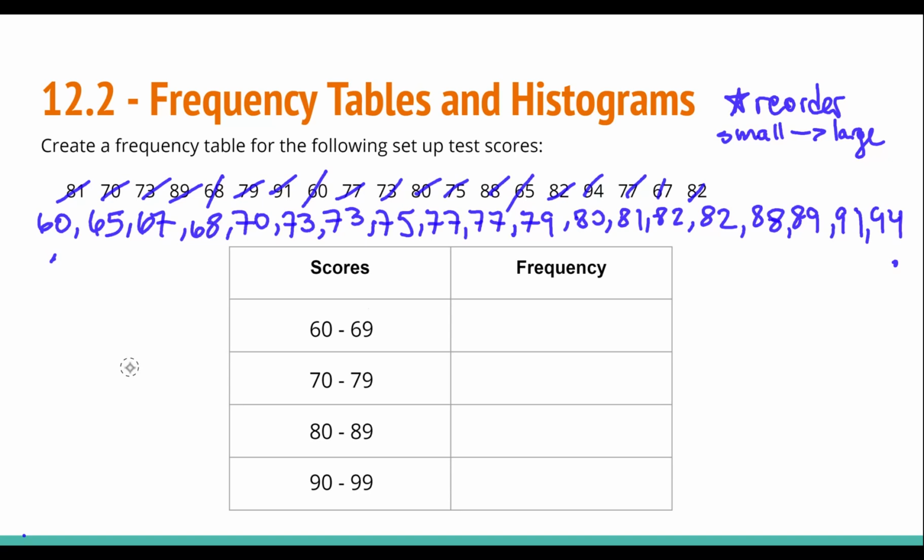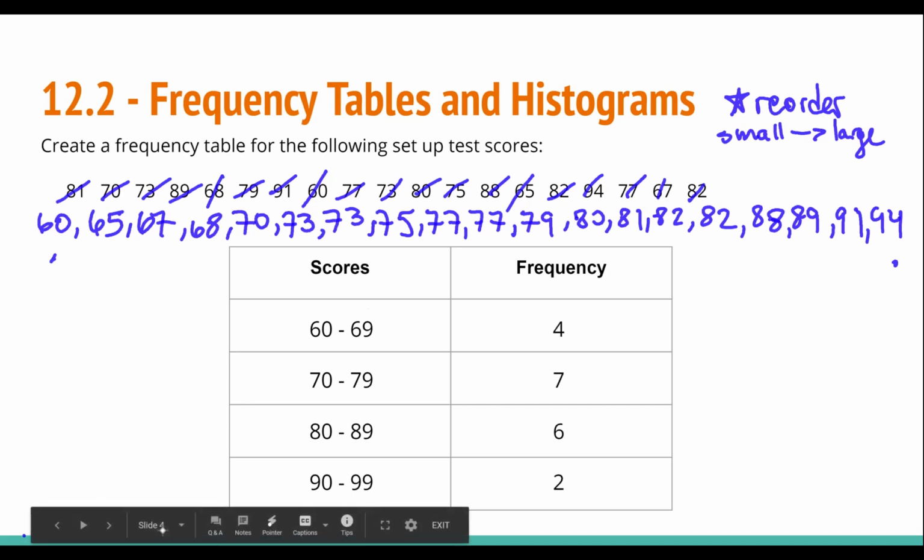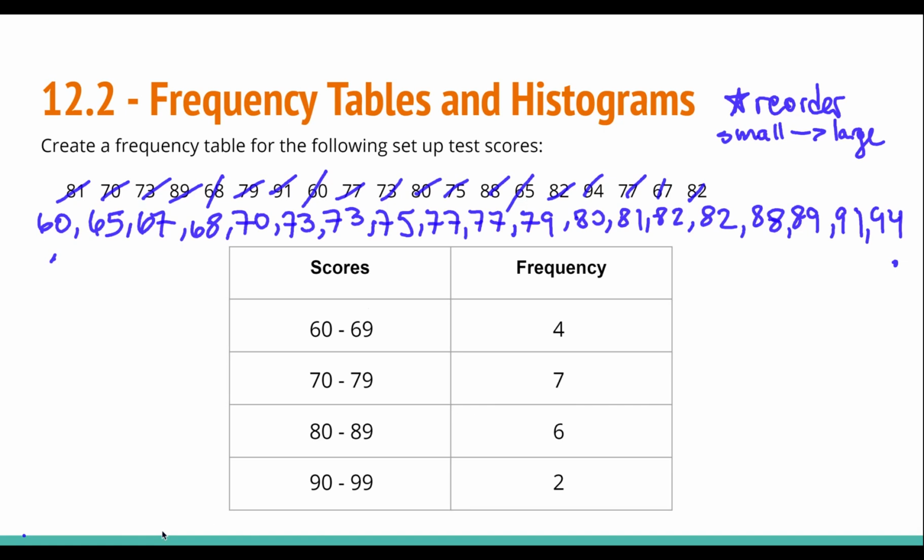That means we see our 4, and then I see the other answers have popped up, but for 70 to 79, we got 70, 73, 73, 75, 77, 77, and 79. 1, 2, 3, 4, 5, 6, 7. So it's just counting and kind of putting them into bins. That's what a frequency table kind of feels like to me.